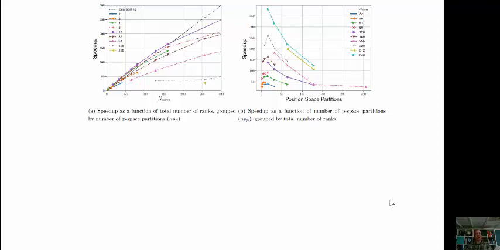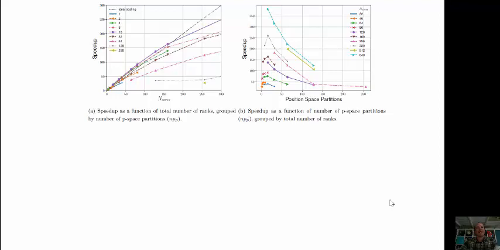So in that baseline case, you can see on the left-hand graph here, for each of those coloured lines, we're fixing the number of physical space partitions and then varying the number of velocity space partitions to give you the total number of cores.